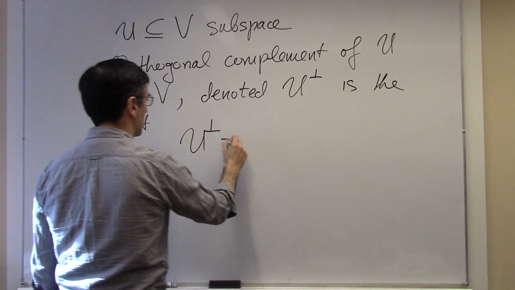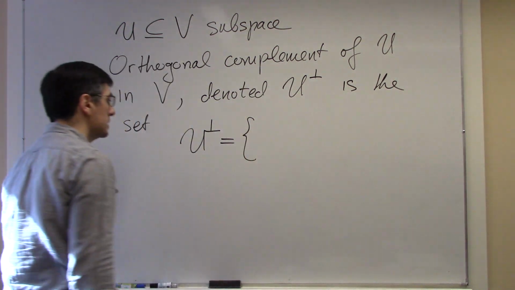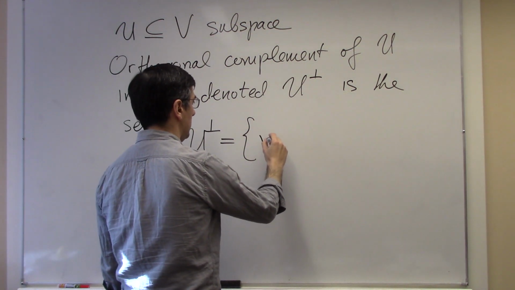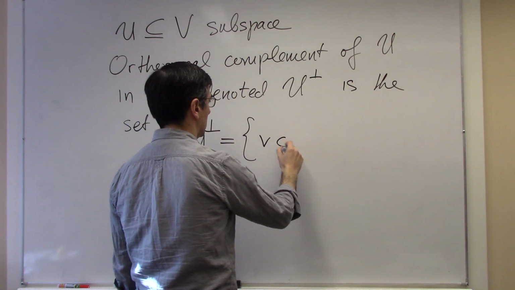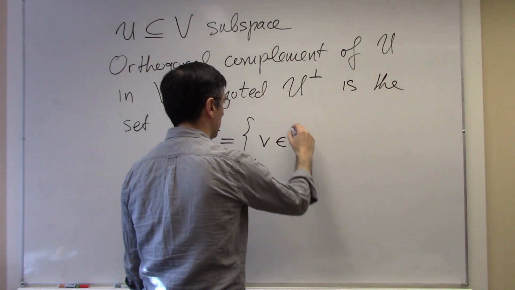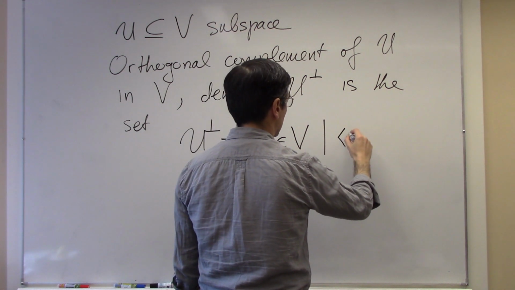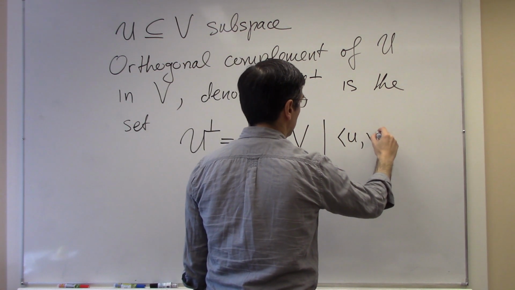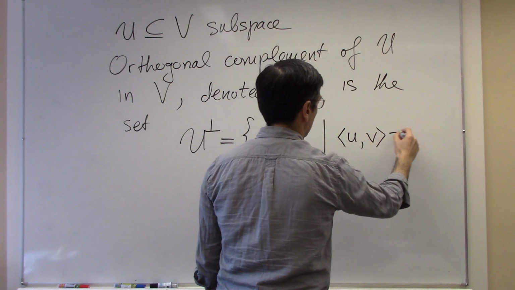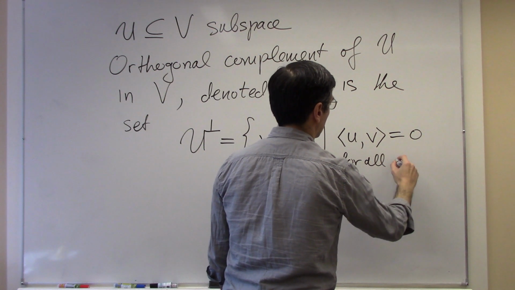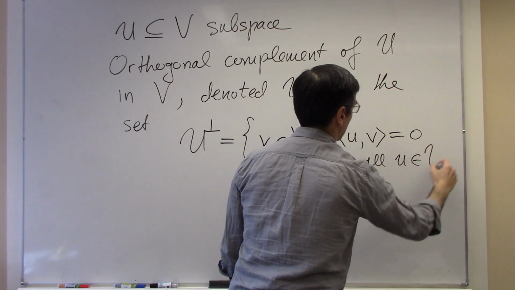So what's the definition of the set? This consists of all elements v in V, such that the inner product of u with v is 0 for all u in U.